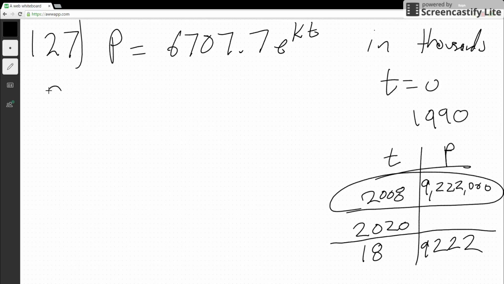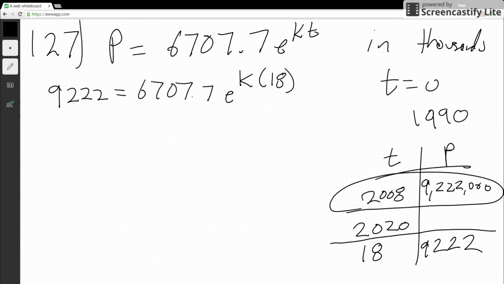So I'm going to say 9222 equals, I don't know k, but the time would be 18. All right. So I'll start to solve this. I'm going to divide here.